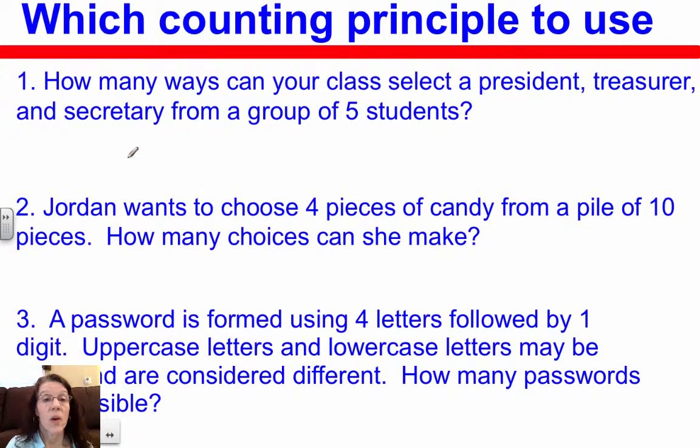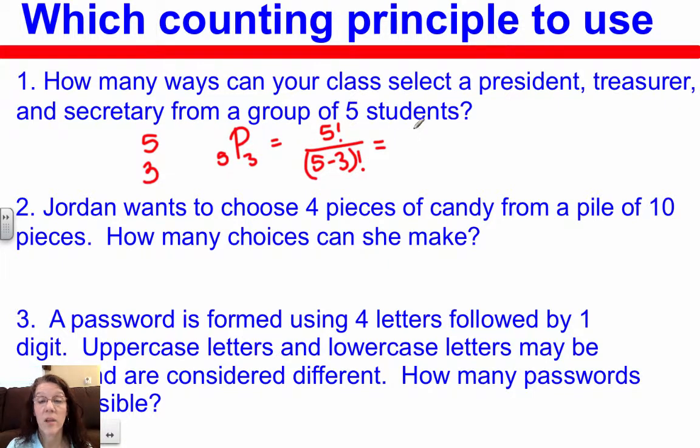First of all, we know we're choosing from 5, and we're choosing 3 things. President, treasurer, secretary. That is a ranking, so that means that we have to do a permutation. 5P3. So it's 5 factorial over (5 minus 3) factorial.